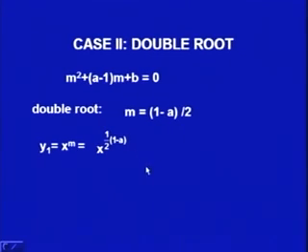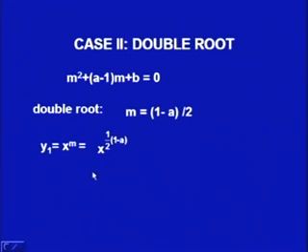Now, to get the second linearly independent solution, we will use the technique of variation of parameters, that is, we will take the second solution y2 as u times y1 and then find out what u is. By doing that technique we would get y2 as log x times y1, that is, u is log x.